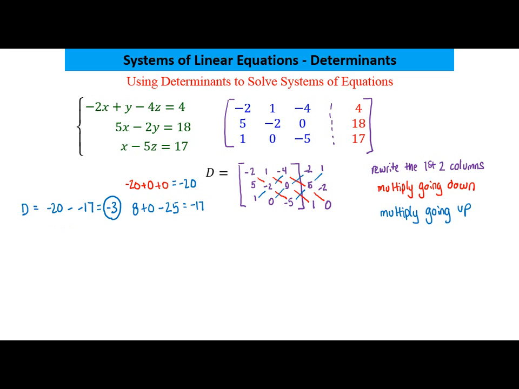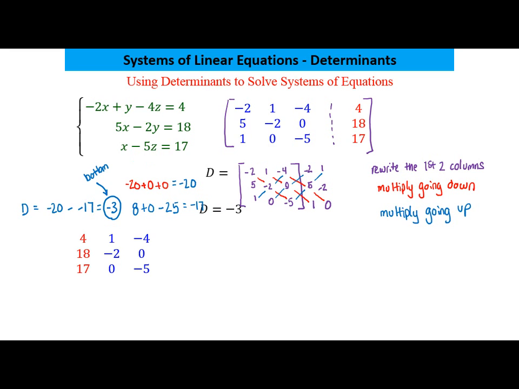Okay, I'm writing small because I'm going to put more on the screen. Because once we find the main determinant, and this is our main determinant, remember this is the number we're going to use for the bottom of each of our fractions. Now let's find the top, and we're going to solve for x first.